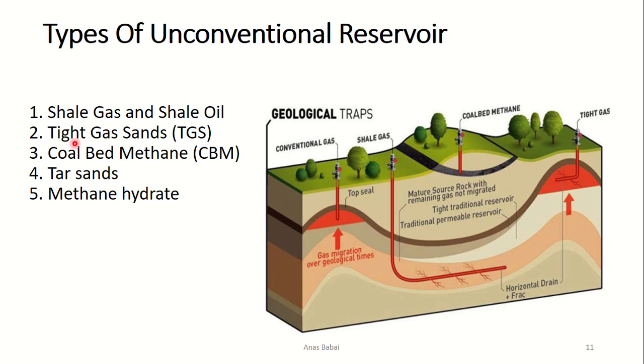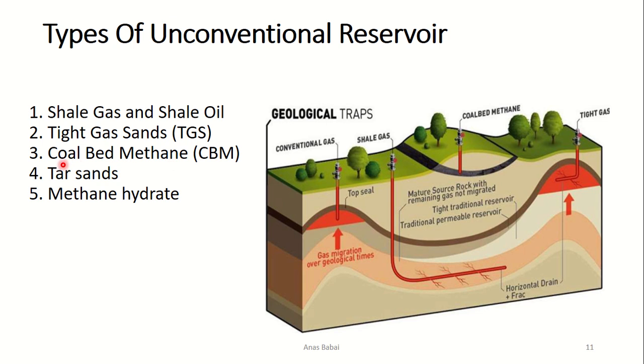We have tight gas sand, and those are sands which are saturated with gas and characterized by very low permeability. Coal bed methane is the methane gas which is combined with the coal, and it's formed during the process of coal formation.